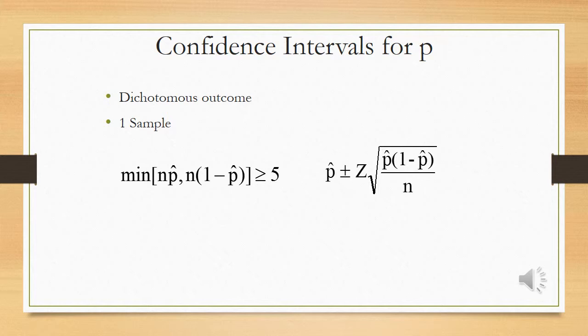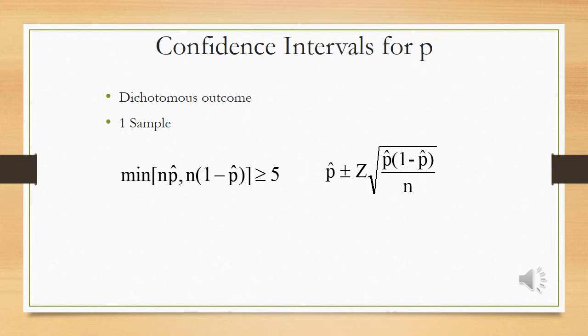For dichotomous outcomes, here is the confidence interval for one sample, and first of all we have to establish a minimum. Now here we need to make sure that n times p and n times (1 minus p) are greater or equal to 5.